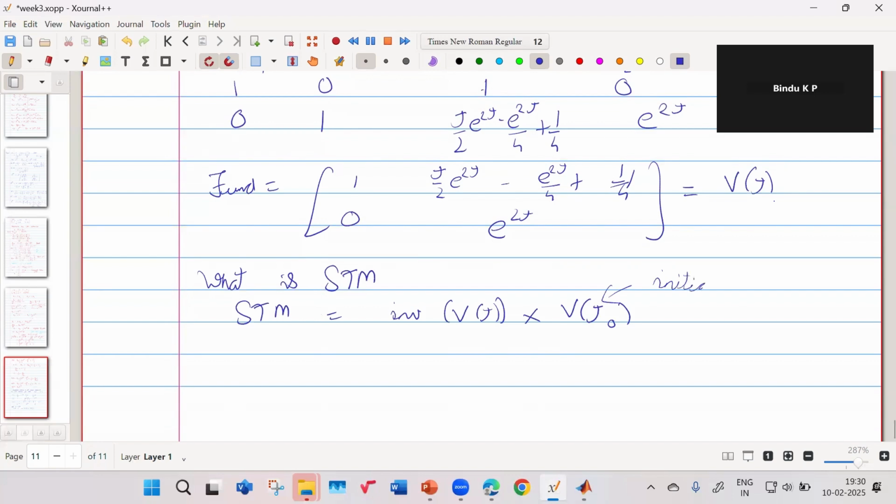So what is v of t0? It is 1 0, t by 2 e to power 2t minus e to power 2t upon 4 plus 1 by 4, and e to power 2t, where everywhere t is there, we replace it by t0.